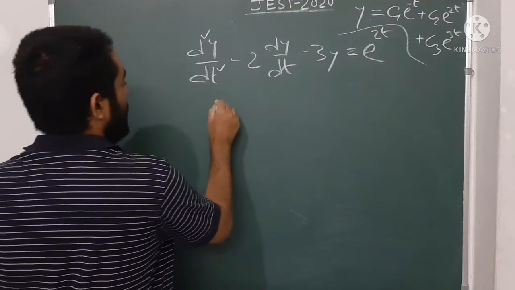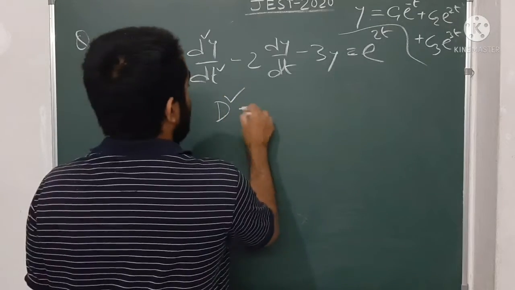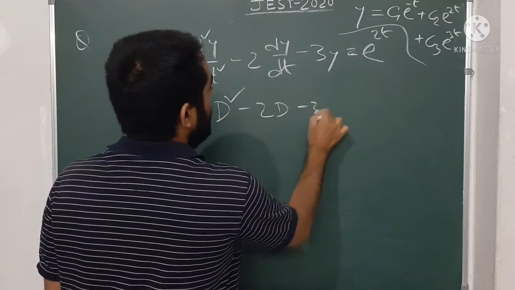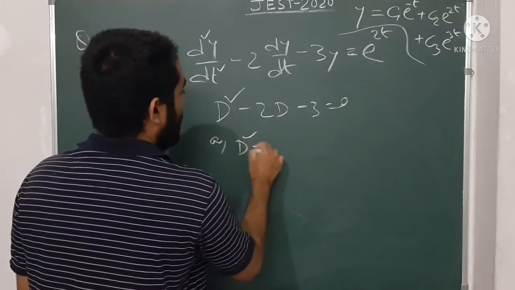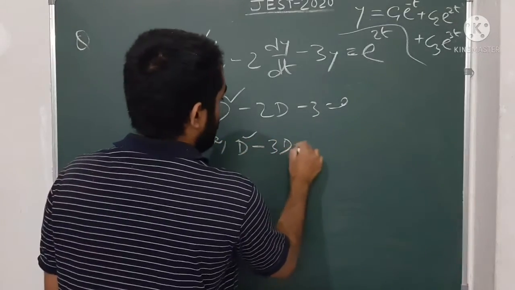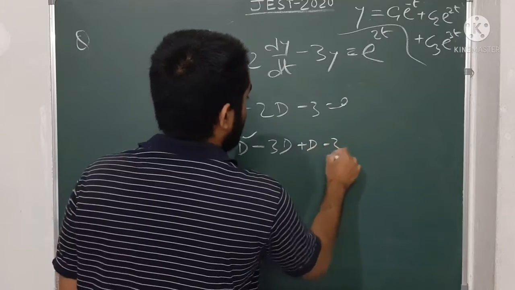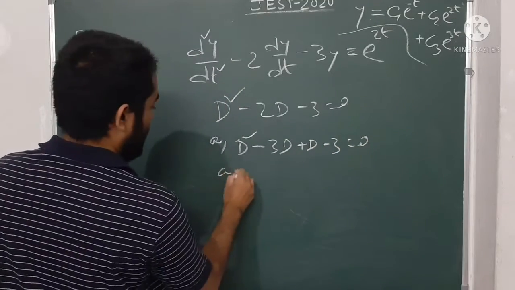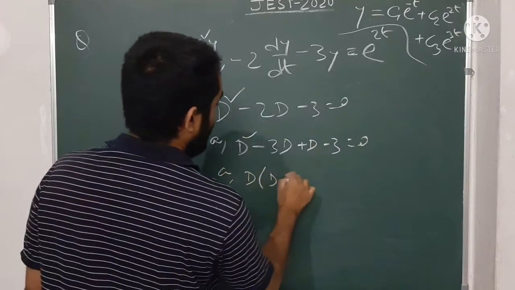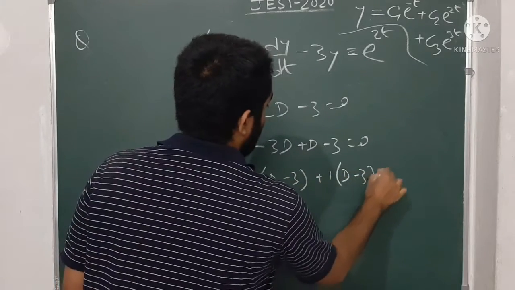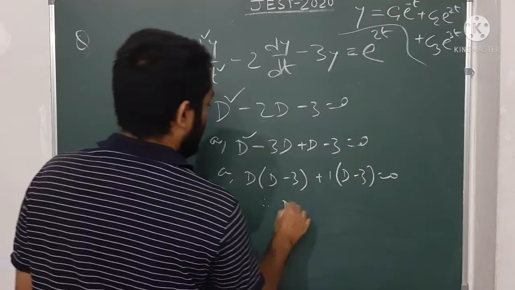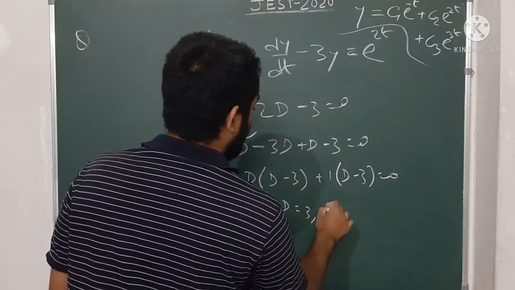So you know how to solve this kind of equation: d square minus 2d minus 3 equal to 0, or d square minus 3d plus d minus 3 equal to 0, that means one is d equal to 3 and another is minus 1.